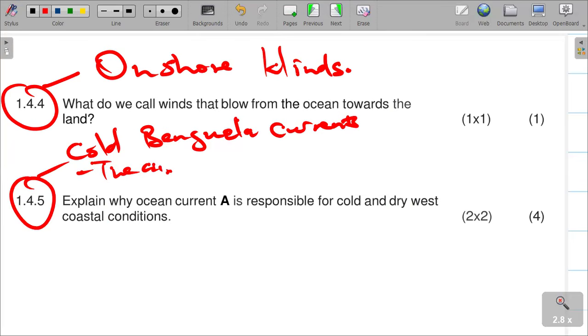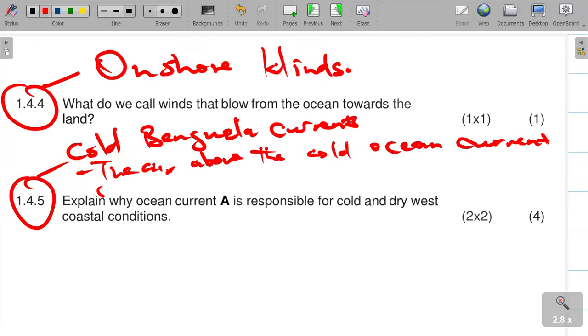The air above the cold ocean currents is cold, and we have got prevailing wind.